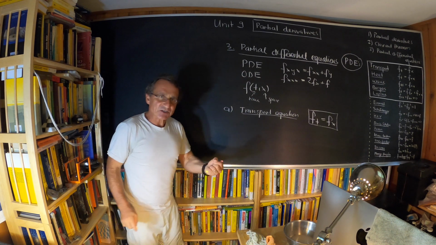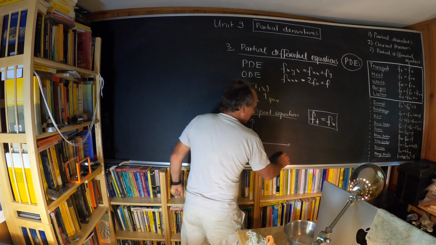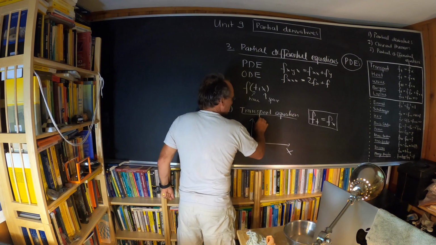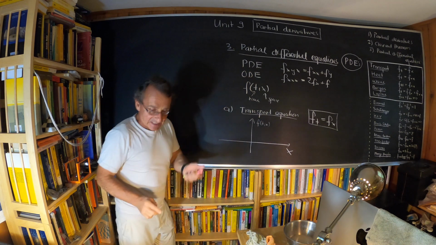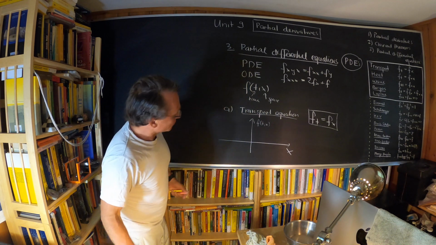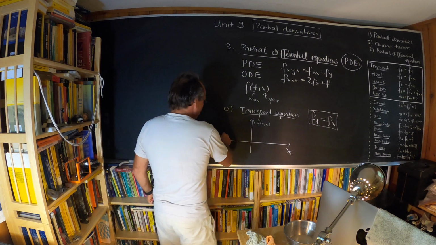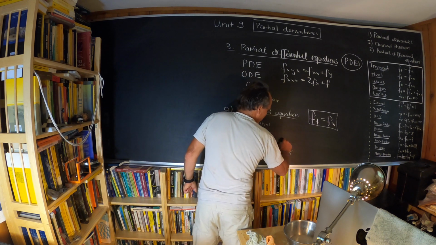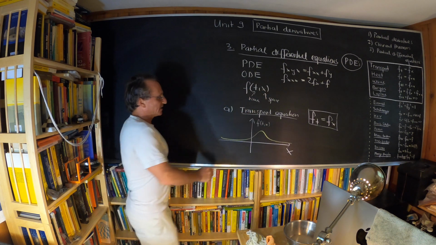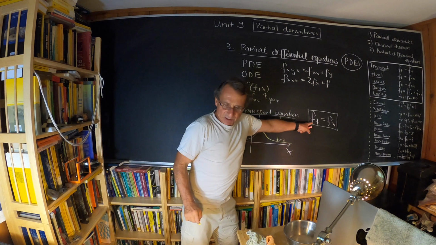Now there is a dynamical interpretation to this. So let's look at this function. This is x, and we write here f(t,x). At t equal to 0, we can write down a usual function. At x equal to 0, maybe this function looks like that. So that's at t equal to 0. Now let's look at what this equation tells us.